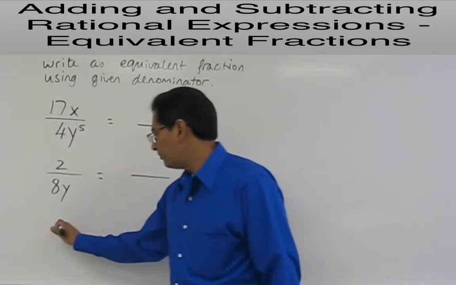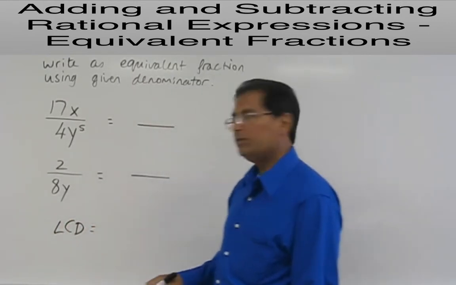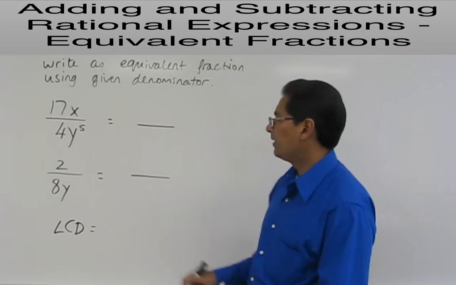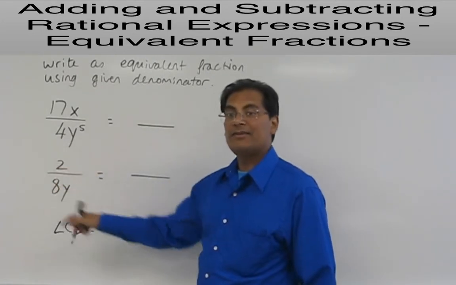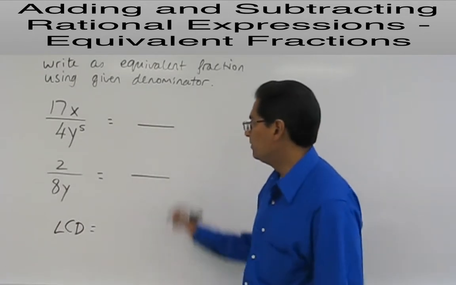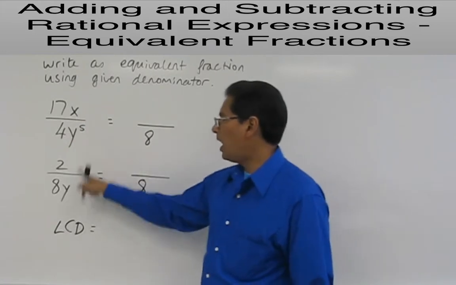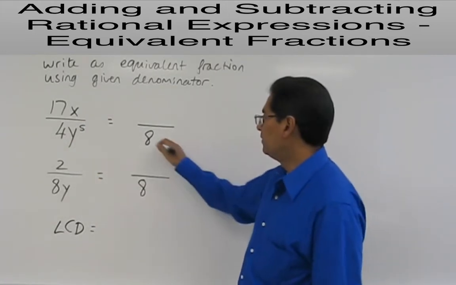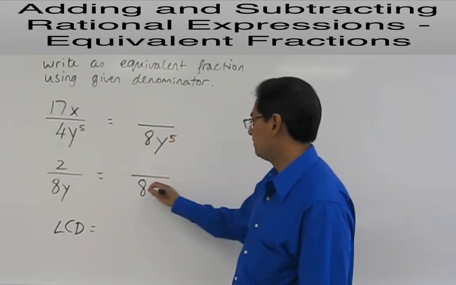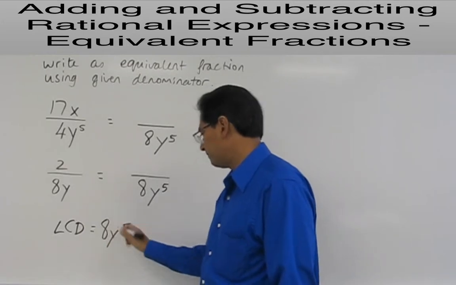First of all, we need to find that denominator, the LCD. So what will be the LCD of these two rational expressions? We notice we have 4 and 8. So 8 is the bigger number that 4 will divide into. And then we have a y here and a y fifth here. So we take the higher power, y fifth. So the LCD is 8y to the fifth.